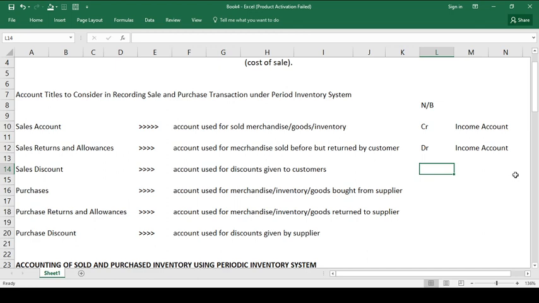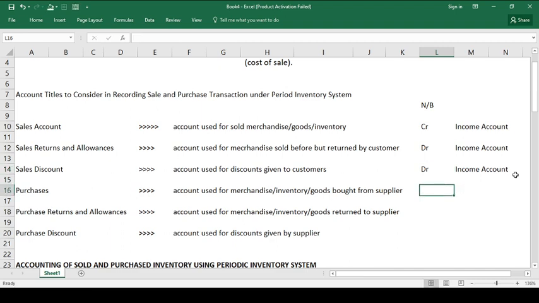And the appropriate account title for that particular discount na binigay natin sa customer is sales discount. This is also an income account. However, this is a contra sales account. So therefore, the normal balance of this particular account is debit.